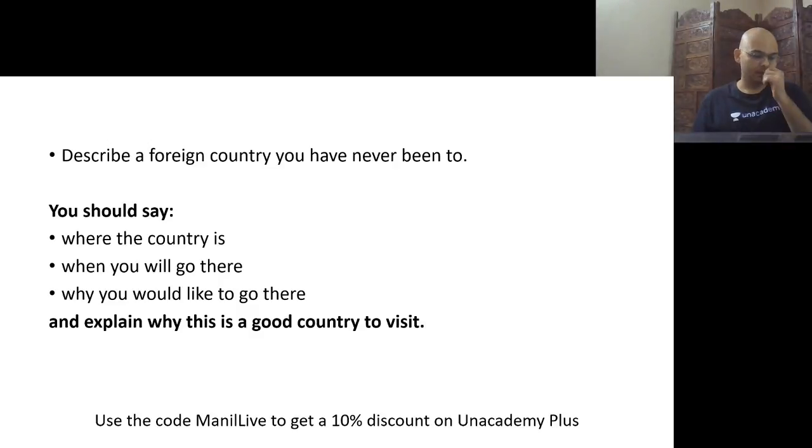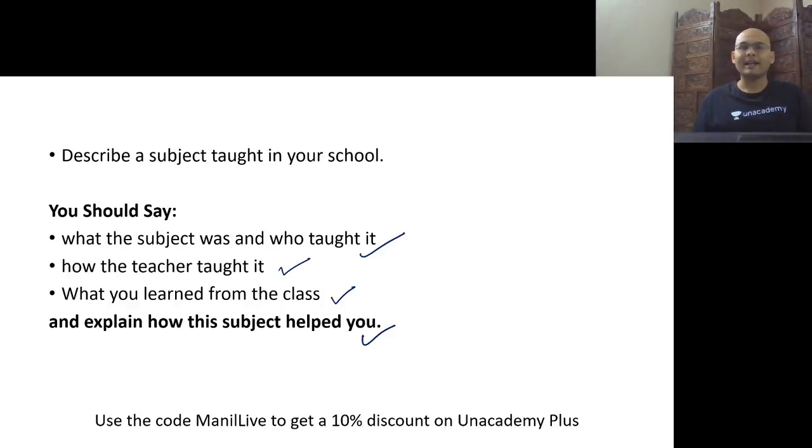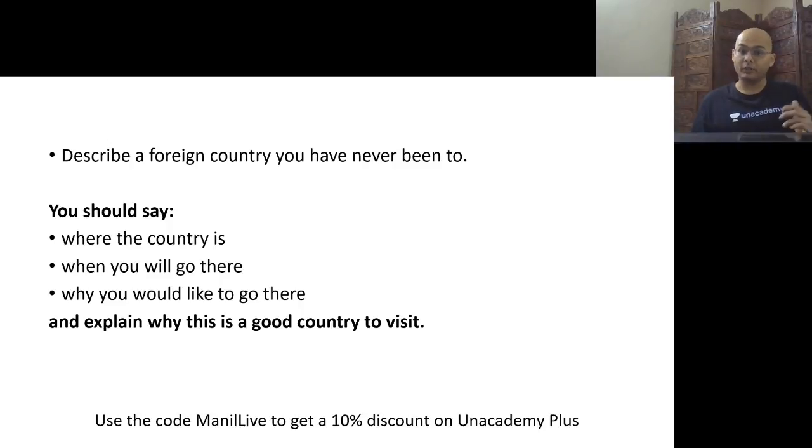Let's begin. So one country that I have never been to is Mauritius, and this is a tiny little island off the coast of Africa, and is very famous for its beaches and its tropical climate as well, and some excellent waves to surf on.